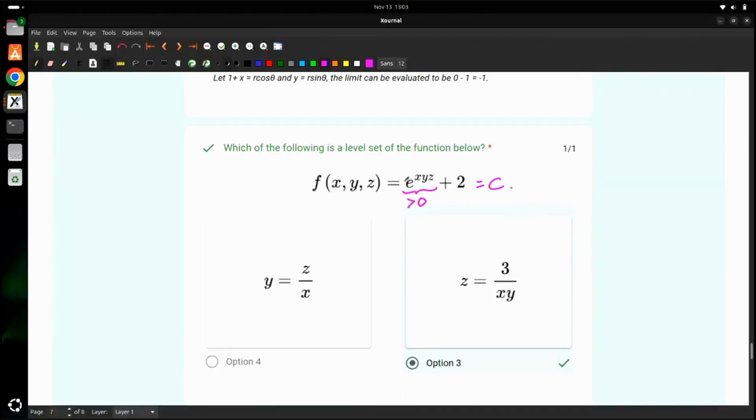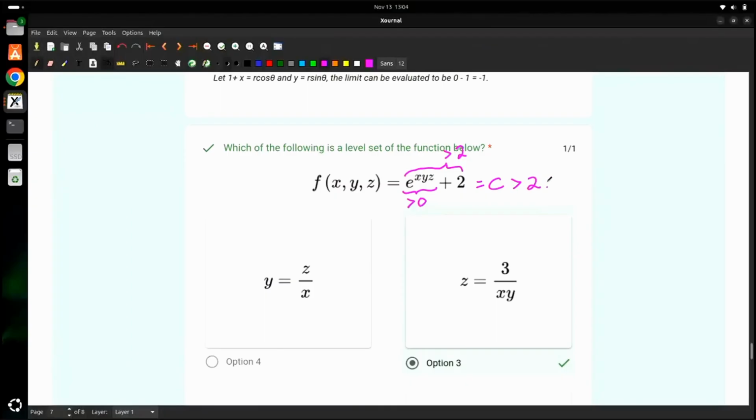The range of the exponential function is more than 0, and because you add 2, the range of the entire expression will be more than 2. So c has to be more than 2, because c has to be in the range.